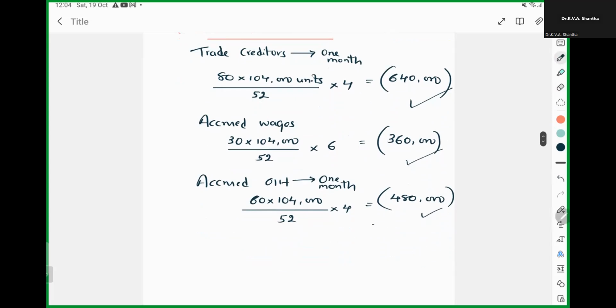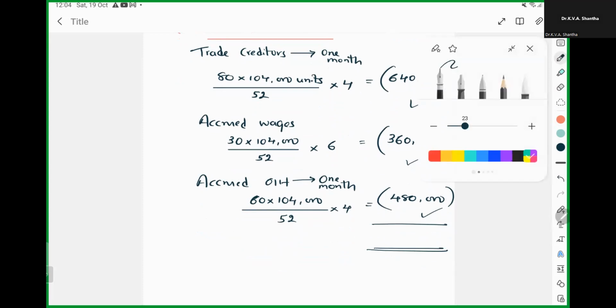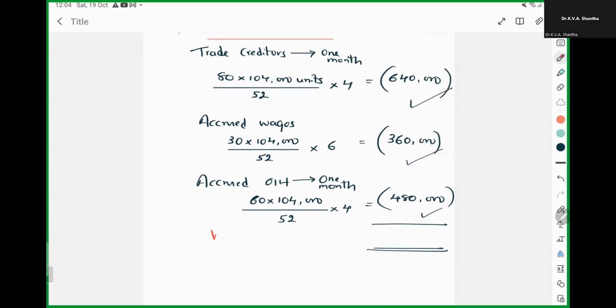So when you deduct these current liabilities from the current assets, you get the working capital requirement.